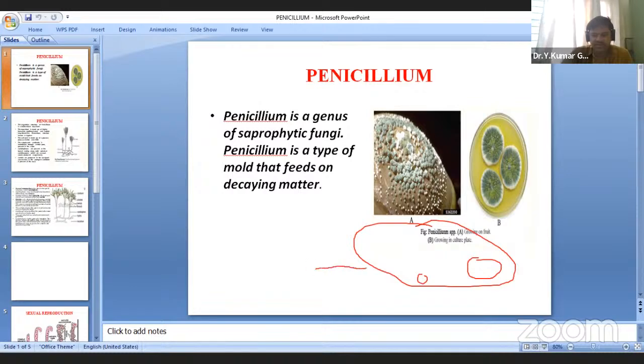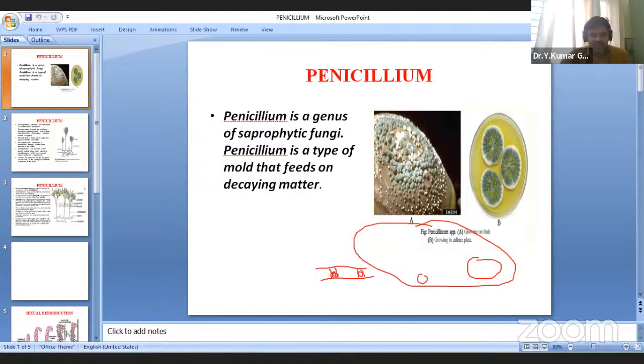For example, this is a mycelium hypha, and septa are present. The septa have a simple pore, remember, septa with simple pore. Here also, septa with simple pore. Like this, the entire mycelium is made up.